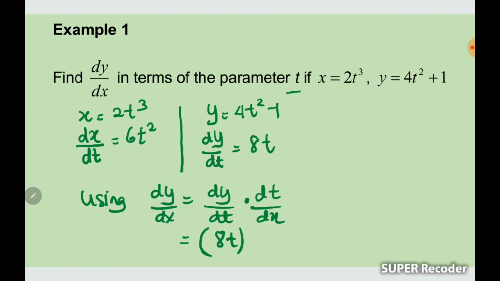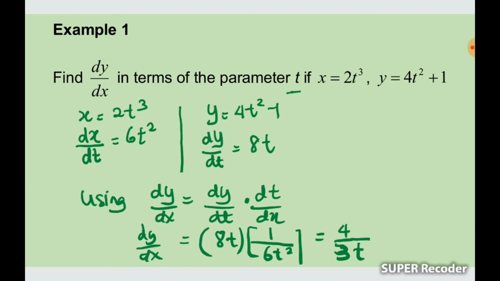What is dt/dx? It is 1 over 6t squared. So simplify the term, you will get 4 over 3t. Okay, so this is the value for dy/dx. Okay, thank you.